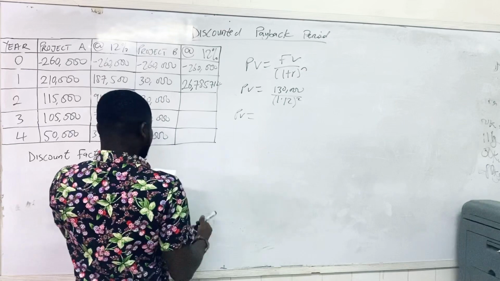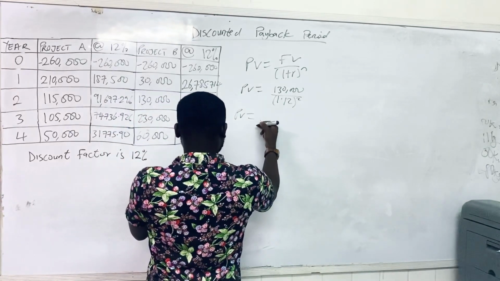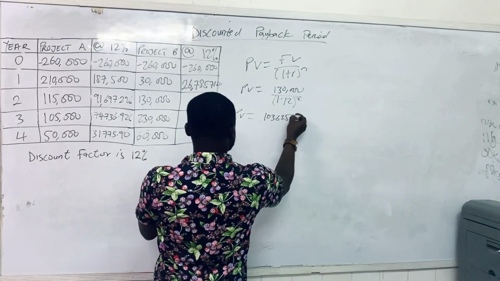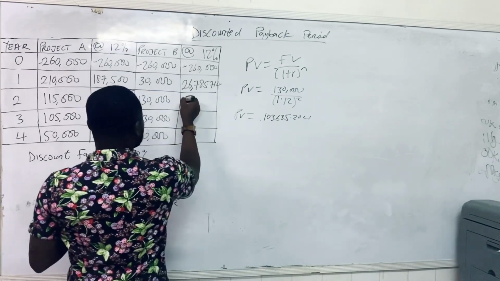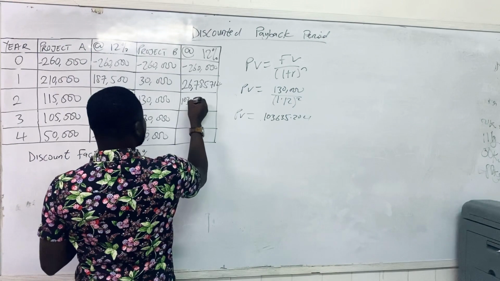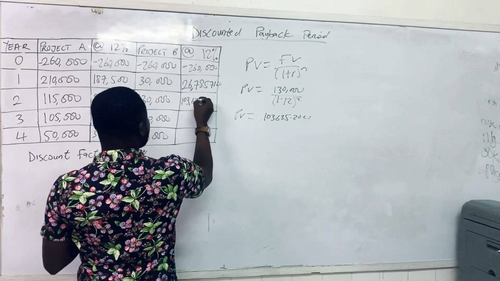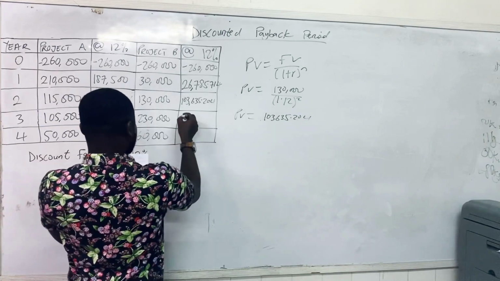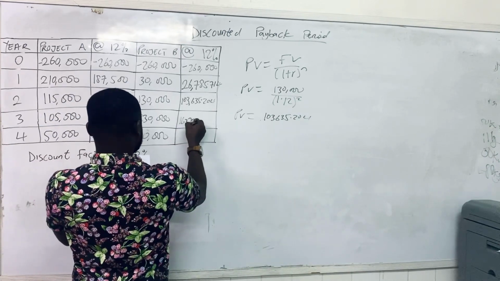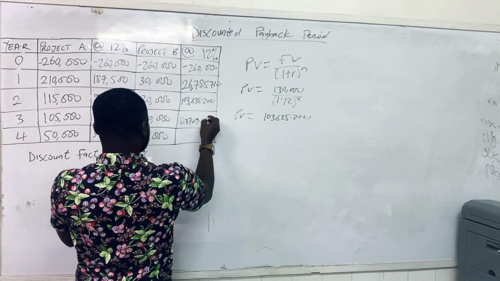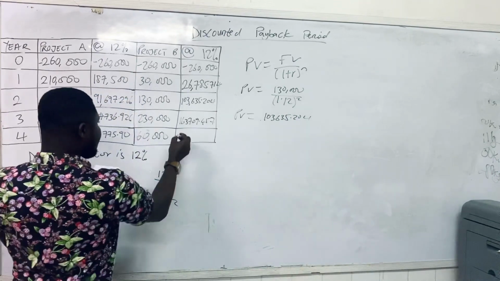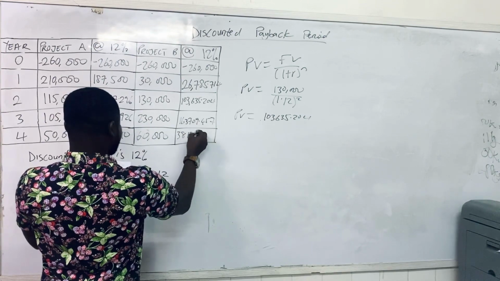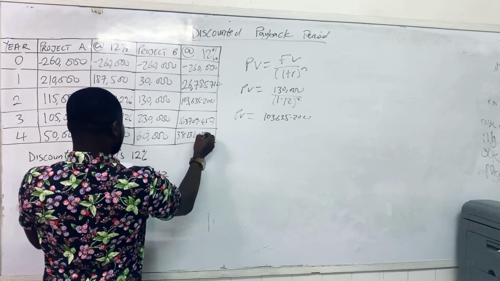And now for the second year, we are getting 103,635.204. In the third year, we are getting 163,709.457. And in the fourth year, we are getting 38,131.085.